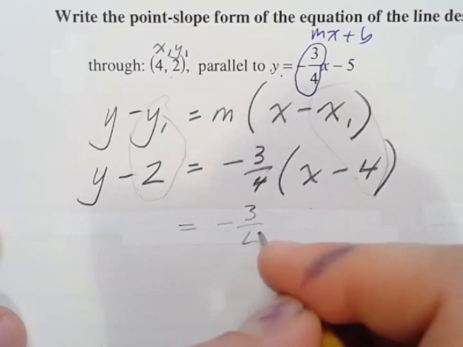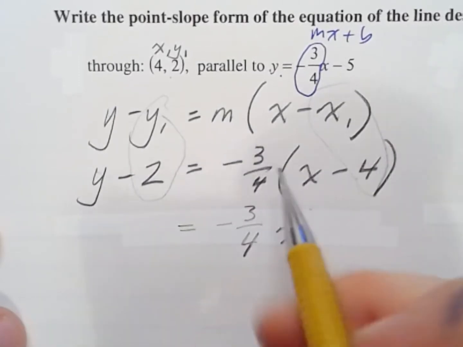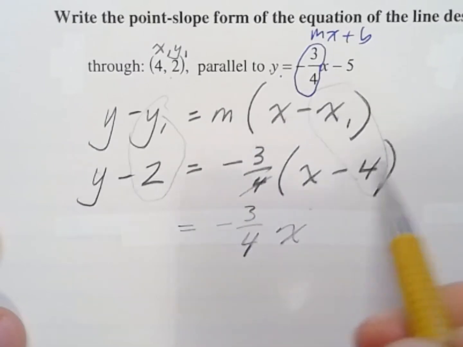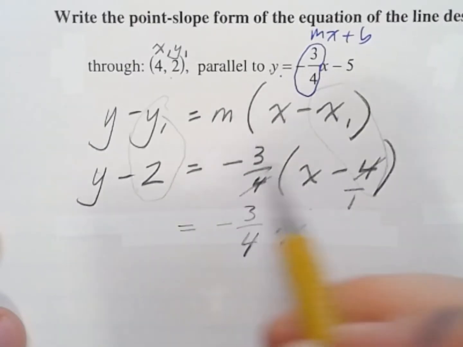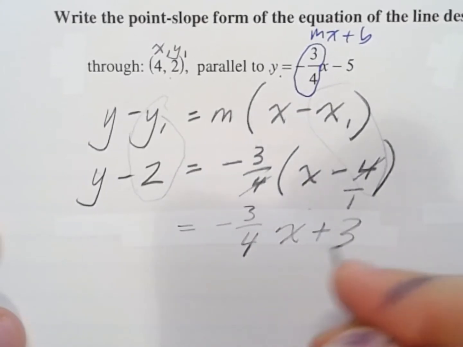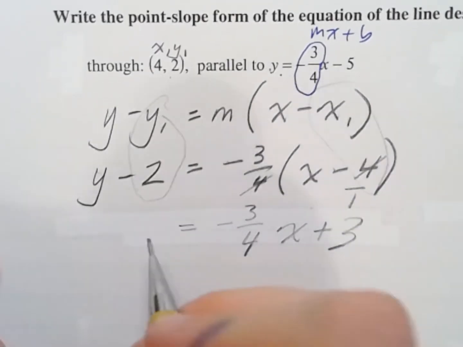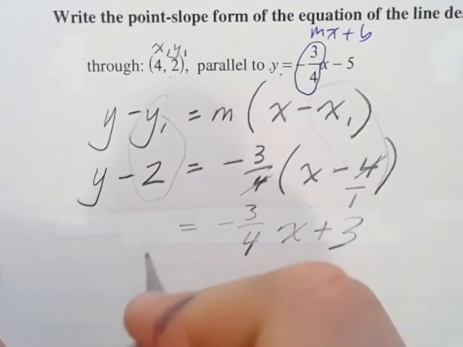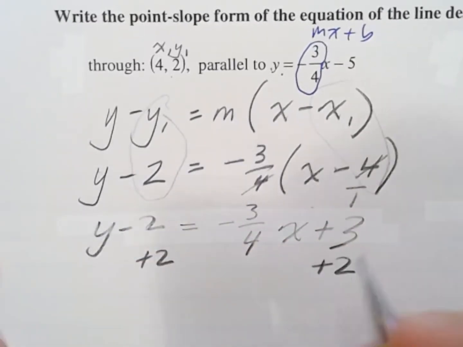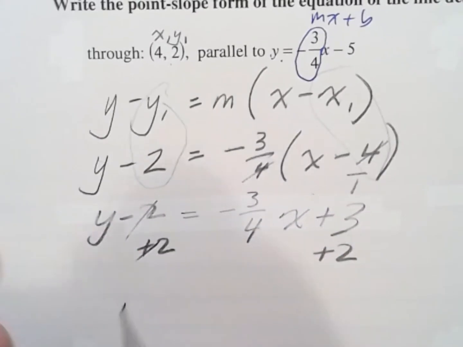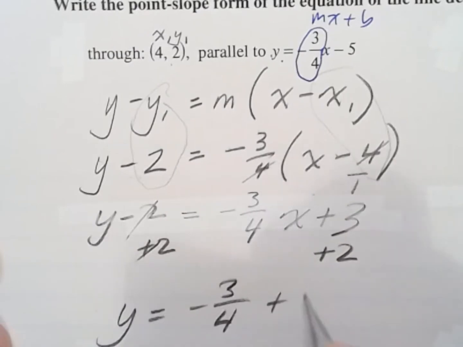So negative 3/4 x, and here the 4 will cancel with the 4 because it's 4 over 1. I'll be left with 3. Negative times negative is positive. So I have that. And over here I'm not doing anything. Now if I add 2 to both sides, those go away, and I'm getting y equals negative 3/4 x plus 5.